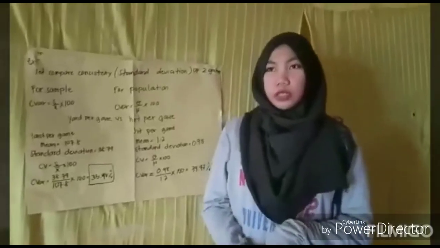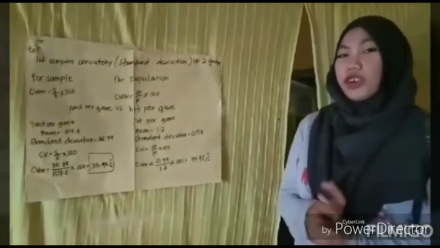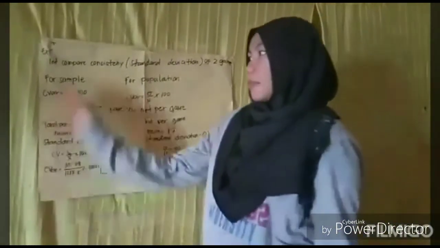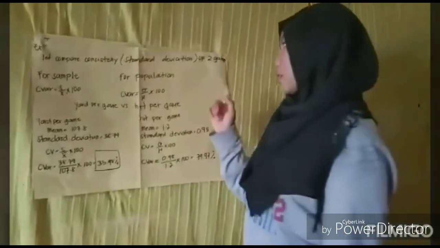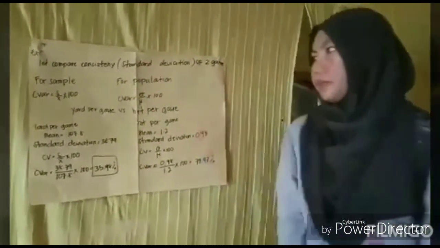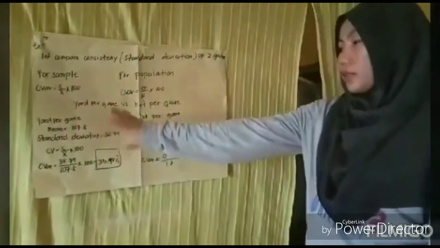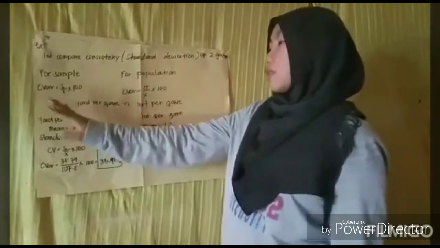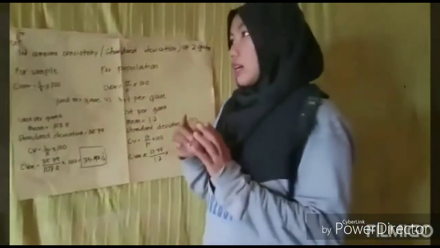I will give you one example of the coefficient of variation. The example is, let's compare the consistency of the standard deviation of two gauges. For sample data, the formula is CV equal to the standard deviation over x-bar, the mean, times 100.